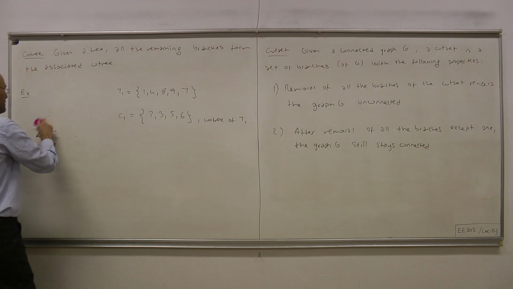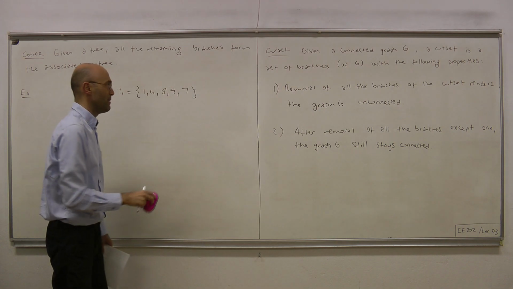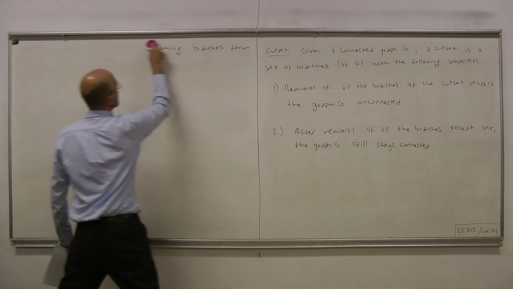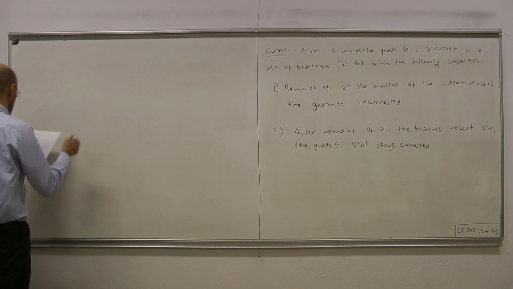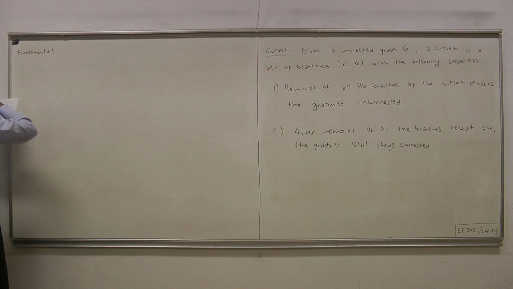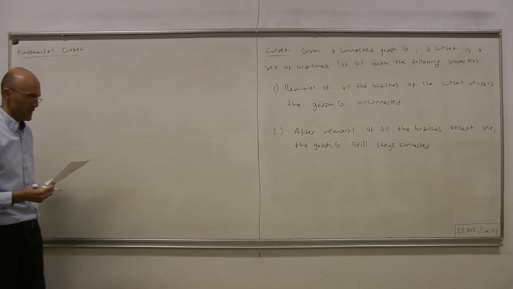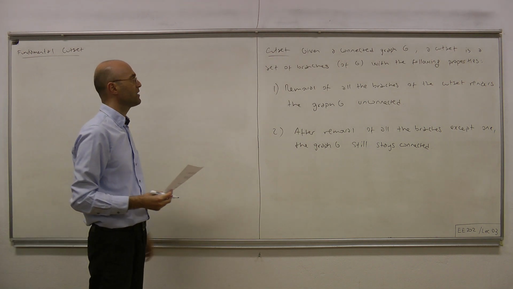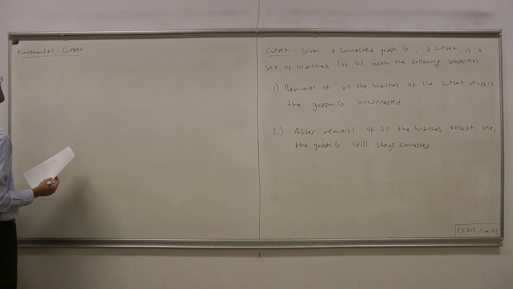Now we're going to talk about those cutsets and loops that are called fundamental. Now, the definition is a bit long, but once we see it applied to an example, it will become quite clear.